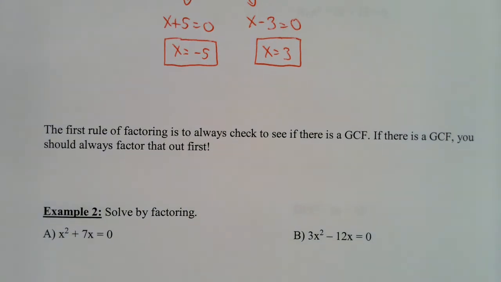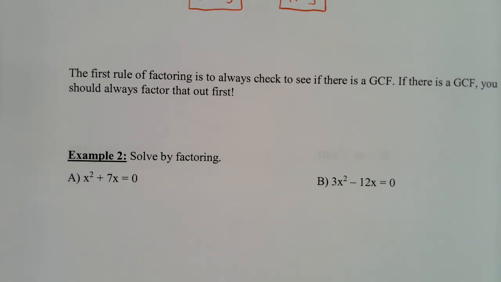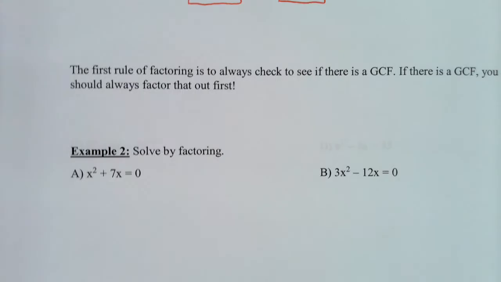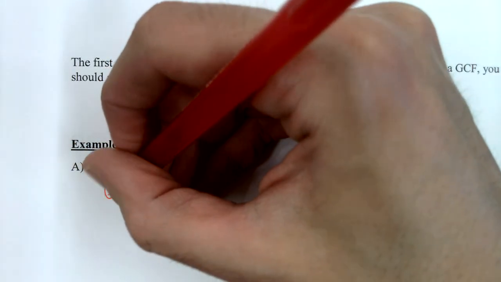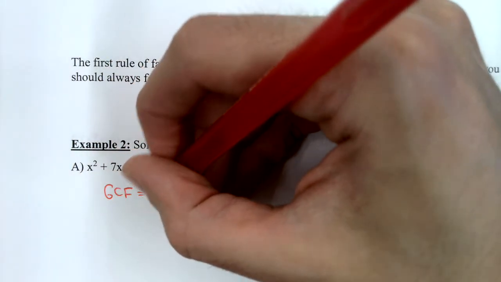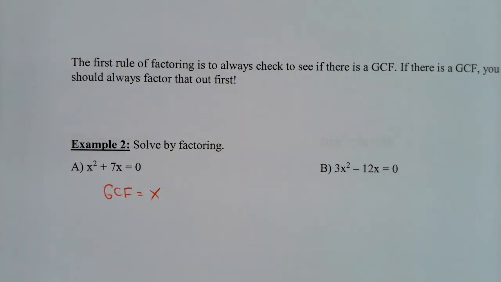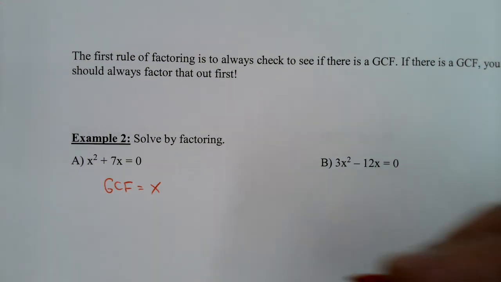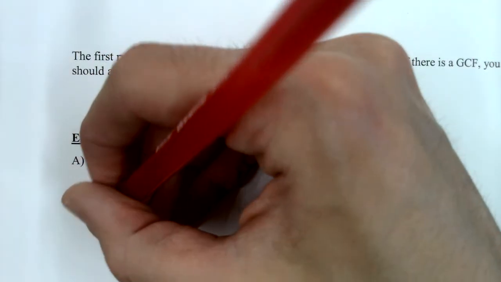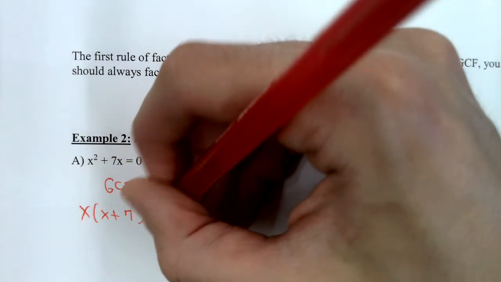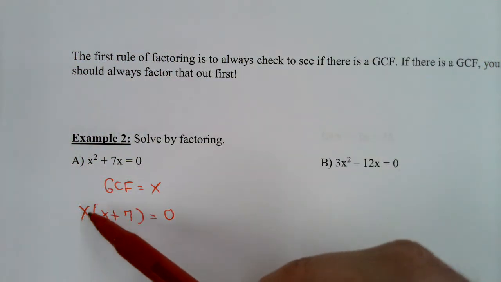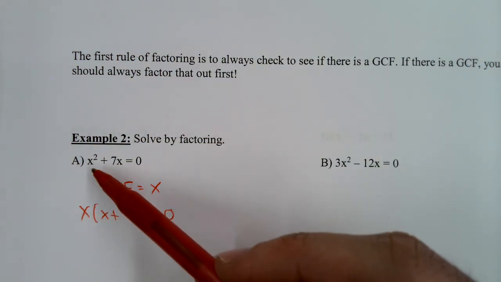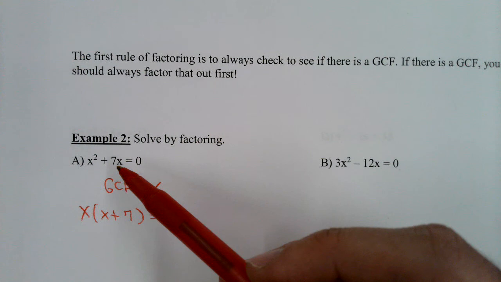Example 2, solve by factoring. This one's going to have a GCF. The GCF is equal to x, because both terms on the left have a common factor of x. So you factor that out, and it leaves you with x + 7, because x times x is x squared, and x times 7 is 7x.